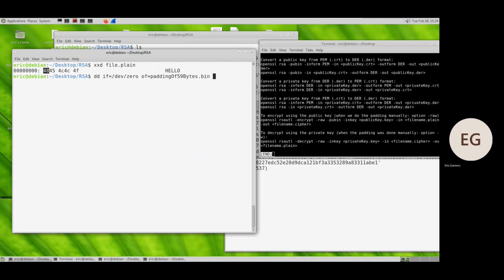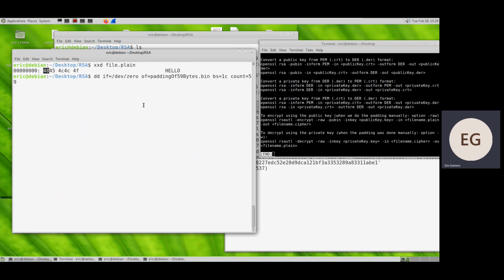So here I can say what the block size is. The block size will be 1 character. And how many times do I want to write a 0? I want to do it 59 times.